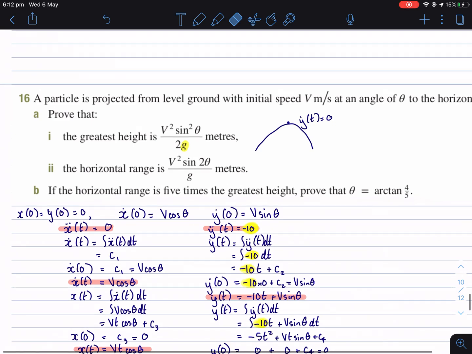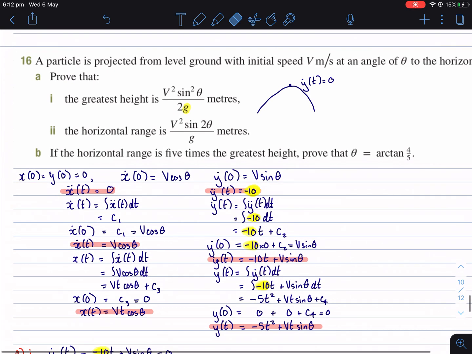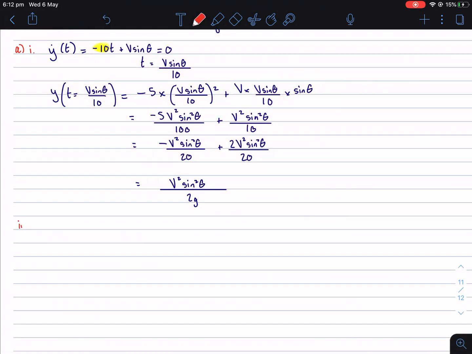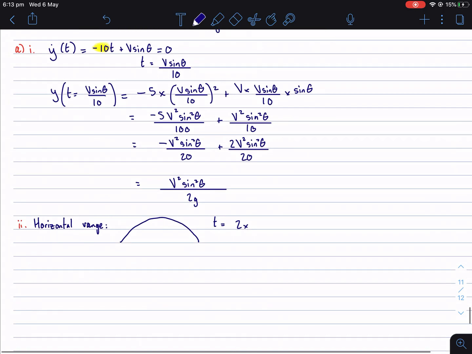Okay, number 2, horizontal range. Well, the horizontal range takes half the time for us to get to the top and the bottom. So t equals 2 times what it was at the top.